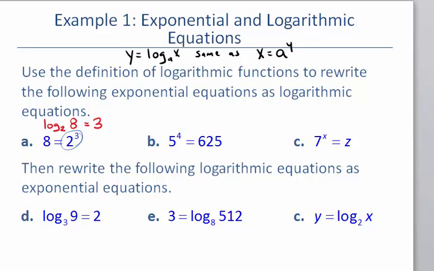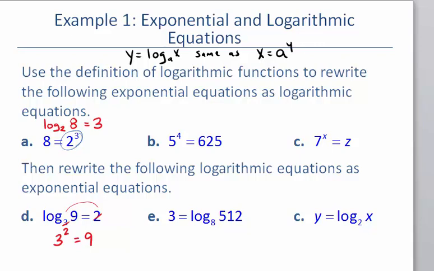The base is the subscript, so we'll start with 3. Remember, you're going to go to the other side of the equation to get the exponent. So 3 squared. And then you're going to set it equal to whatever is left. So we have used the 3, we've used the 2, we have the 9 left. So 3 squared is equal to 9 is the equivalent exponential equation.